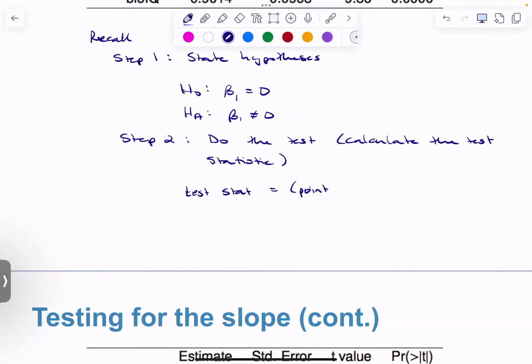This is true if you explore your formula sheet, right? It's going to be true for all test statistics. Your point estimate minus your hypothesized value divided by the standard error of the point estimate.